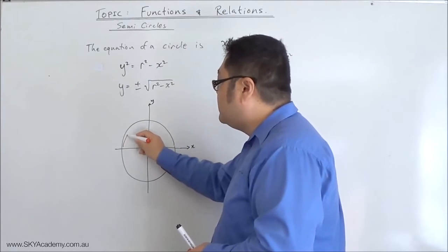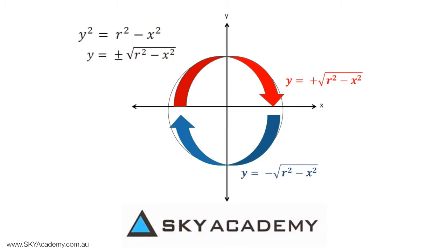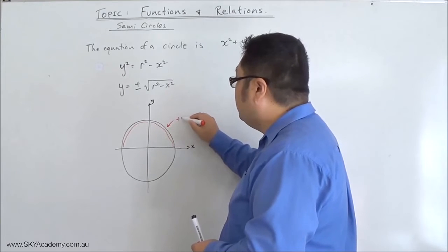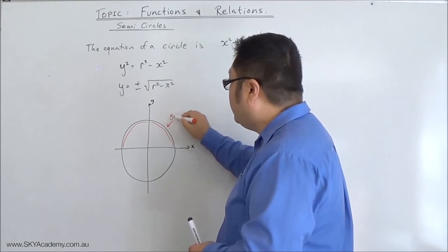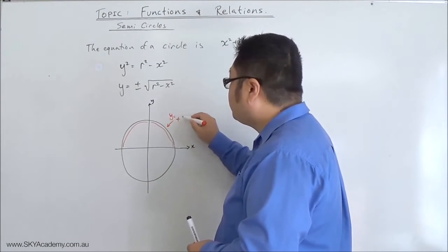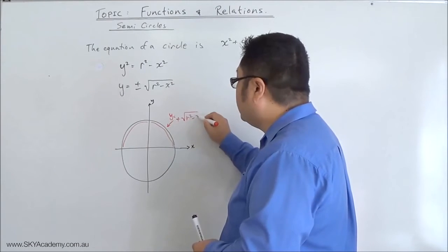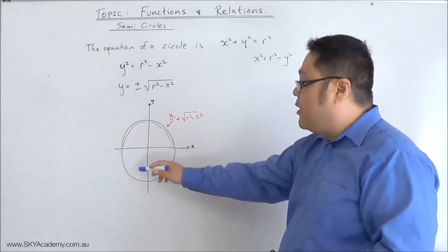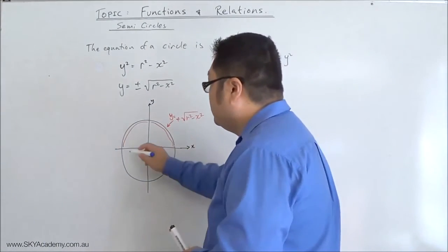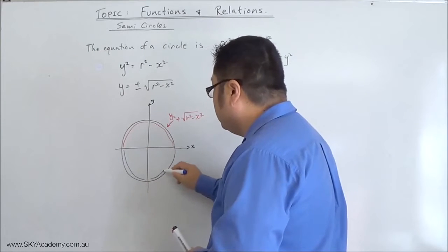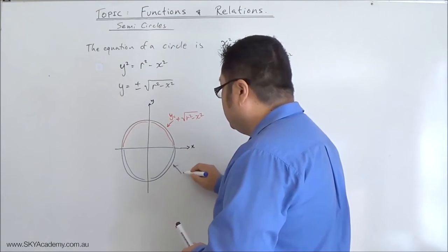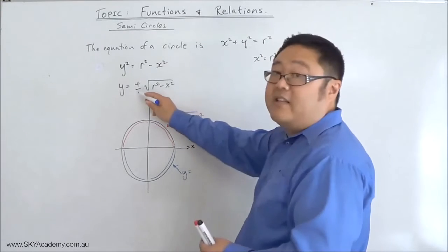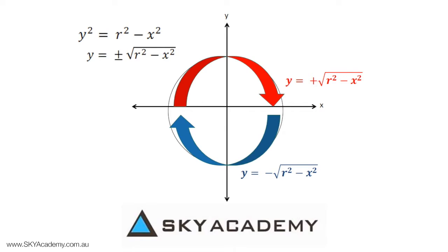Yeah, it's this bit here, isn't it? Okay, so the red bit represents y equals positive square root of r squared minus x squared, whereas how would you represent the bottom half of the circle? All right. The bottom half of the circle, let's represent it with blue, would be represented by y equals, well, obviously it's the negative part, negative square root of r squared minus x squared.